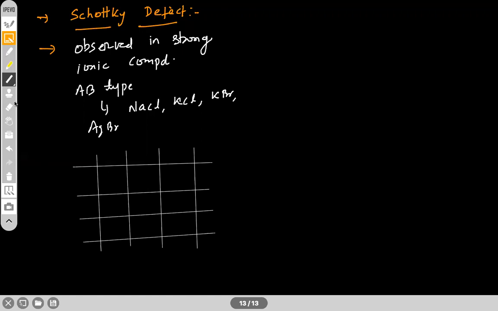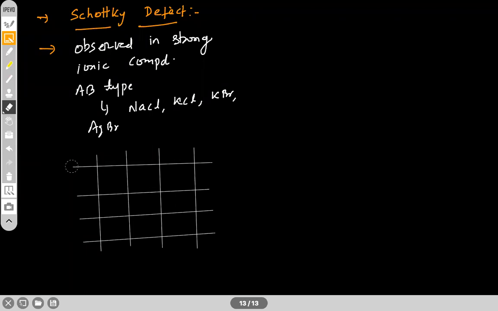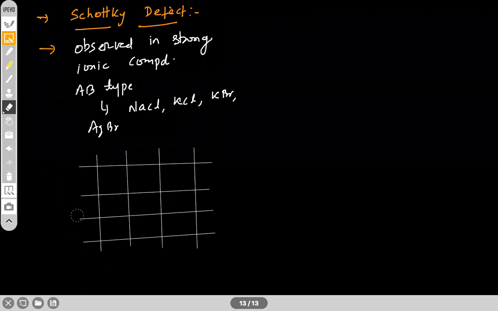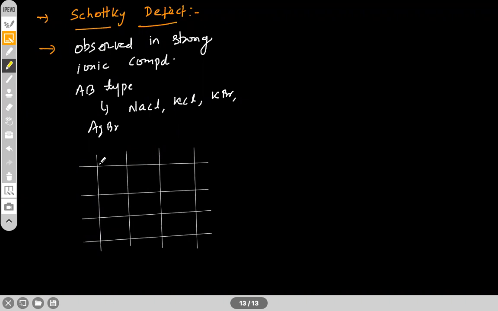Suppose the atoms are arranged like this here. At this junction, suppose the atoms are arranged.